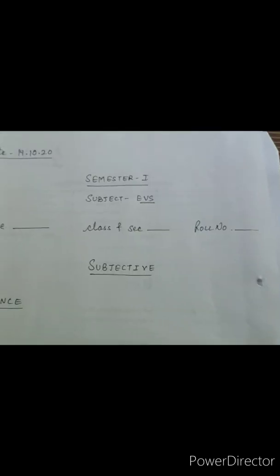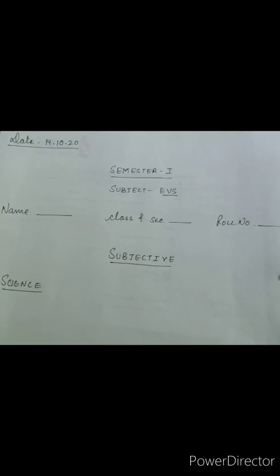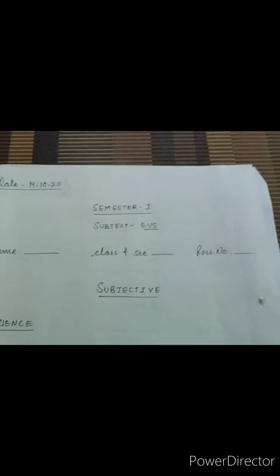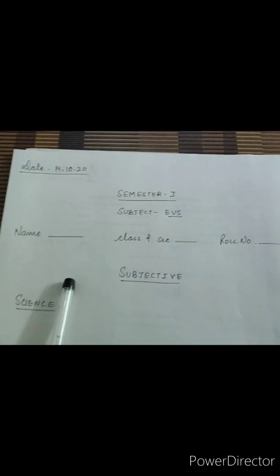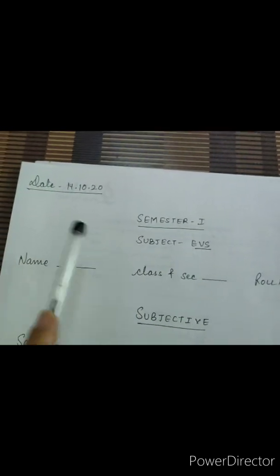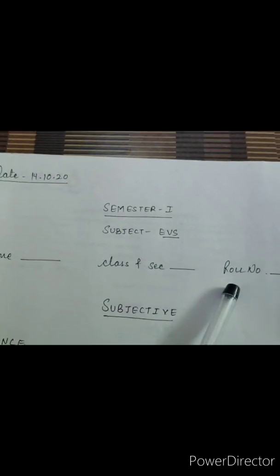Now, after attempting the objective paper, you have to click on the next option. Once you click on next, you will get the subjective paper. Okay students, now again for the subjective, you have to keep A4 size sheets with you. Write down all the details: date, your name, class and section and roll number.